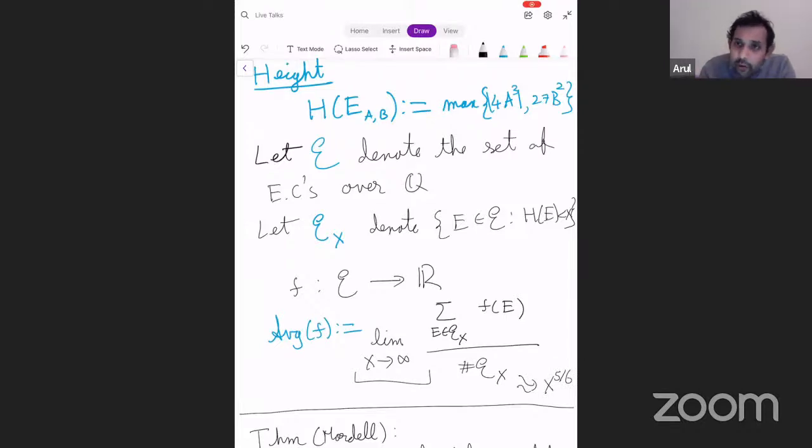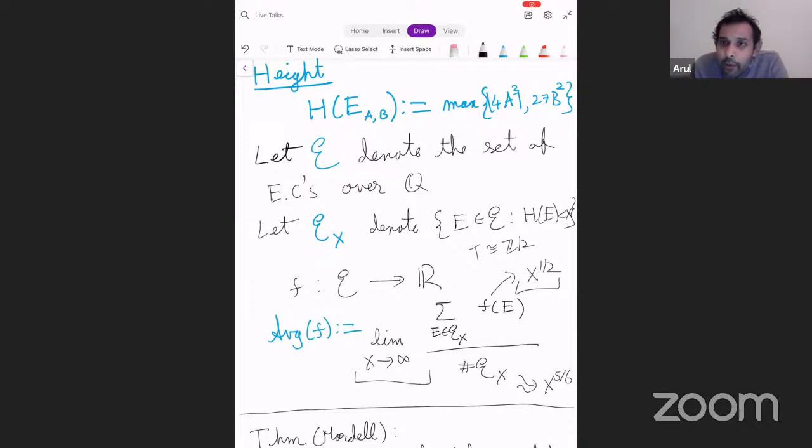You can prove, for example, that the number of elliptic curves where T has a Z mod 2 in it is around x to the 1/2. So x to the 1/2 over x to the 5/6, as x goes to infinity, is 0, absolutely. But you can be more precise. You can answer this finer question: how does it grow exactly?